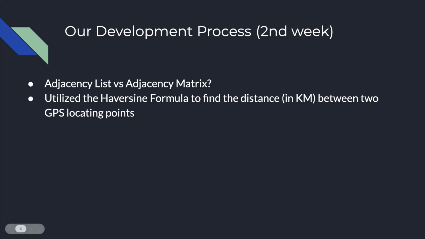So it is inefficient to store a sparse dataset in an adjacency matrix, which takes n squared space complexity. By the end of the second week, we were well on our path to implement Dijkstra's algorithm. Dijkstra's algorithm is very simple to understand, as it takes a greedy approach for finding the shortest path. We had our first version implemented using an ordinary queue, similar to how we implemented BFS. But we quickly realized that using a queue worsens the time complexity to the number of vertices squared.